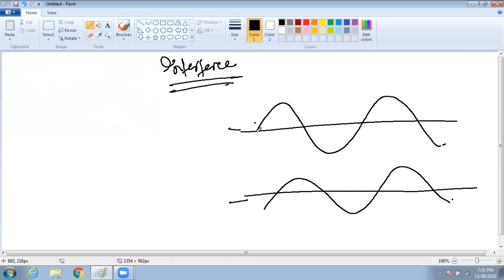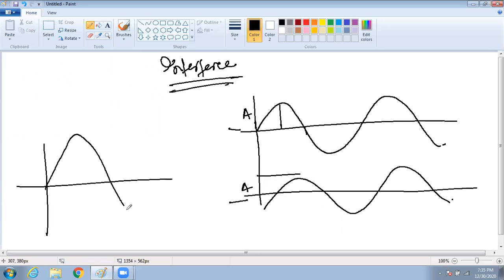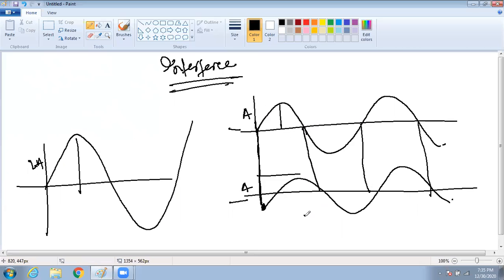So if one amplitude is A and this also A, if I merge it, it will become bigger, 2A. This is in phase. In phase means the starting of the wave and the ending of the wave are both in phase. There is no phase difference.